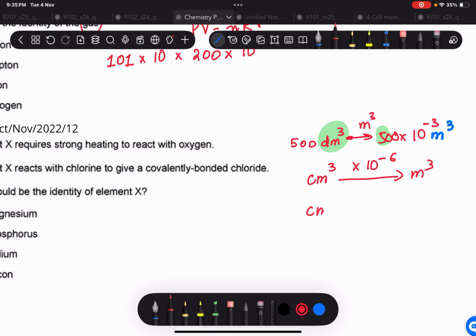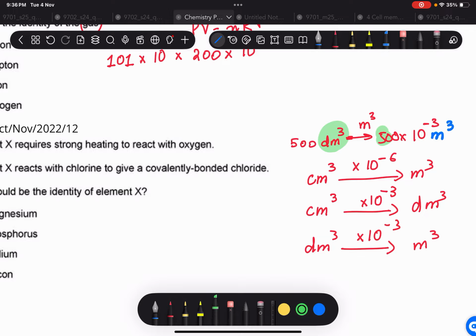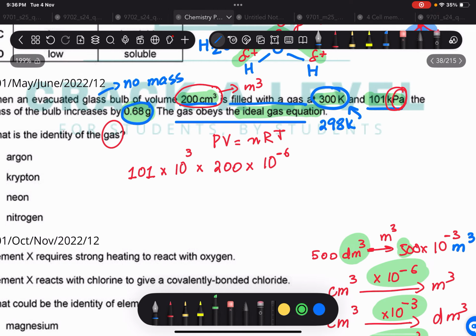To convert cm cube to dm cube, you multiply by 10 raised to power negative 3, and to convert dm cube to meter cube, you multiply by 10 raised to power negative 3. Just remember these conversions for your ideal gases. Not equations, just conversions.